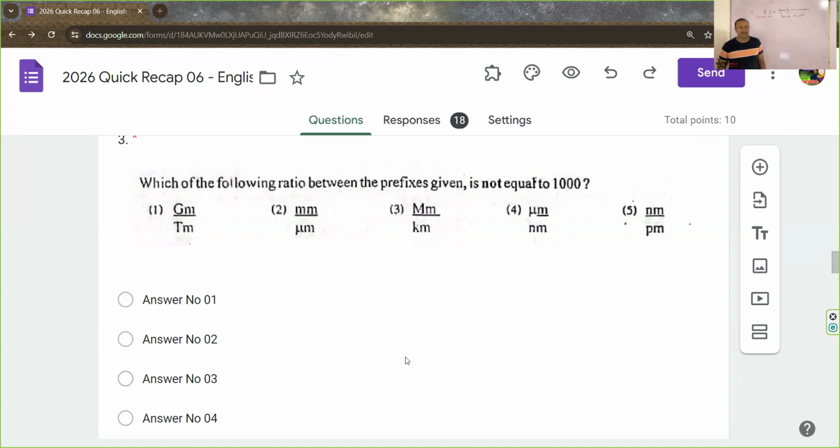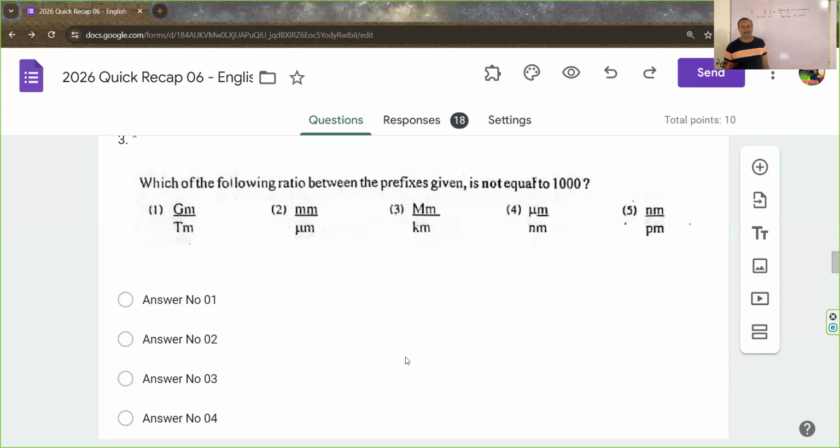It is very easy. Giga and tera. You know the meaning from computer language. Byte, kilobyte, megabyte, gigabyte, terabyte. So terabyte is the largest one. So terameter is the largest one.